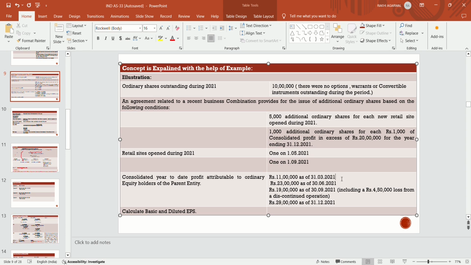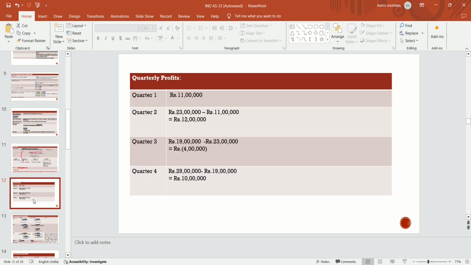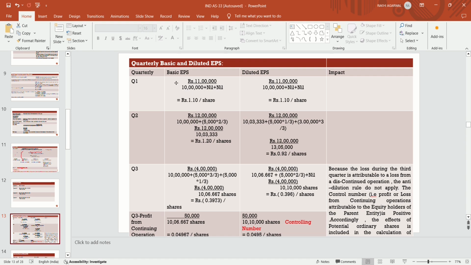The profit does not meet the criteria of 20 lakhs to get the earning contingencies. So both the contingencies are not fulfilled in quarter 1. So the basic EPS becomes 11 lakhs divided by 10 lakhs plus nil because the contingencies are not fulfilled. So it becomes 1.10 per share in quarter 1.